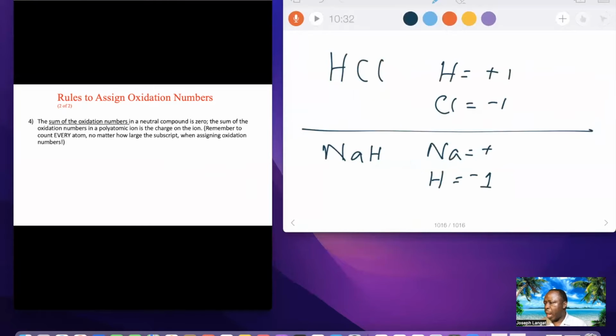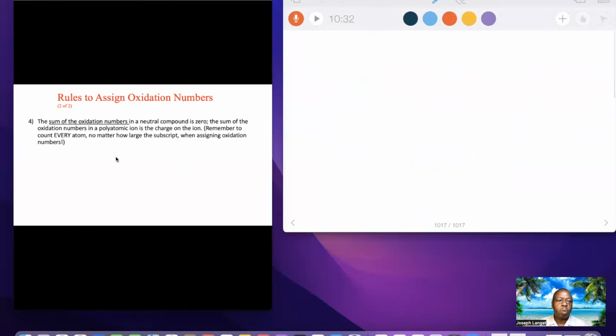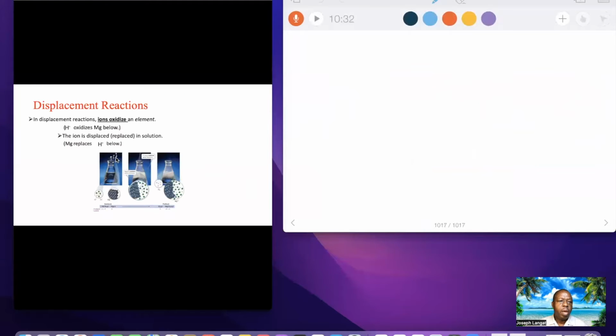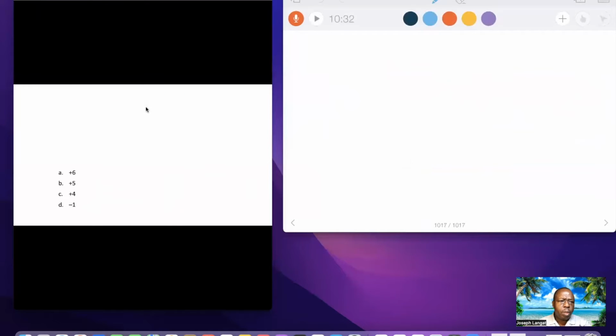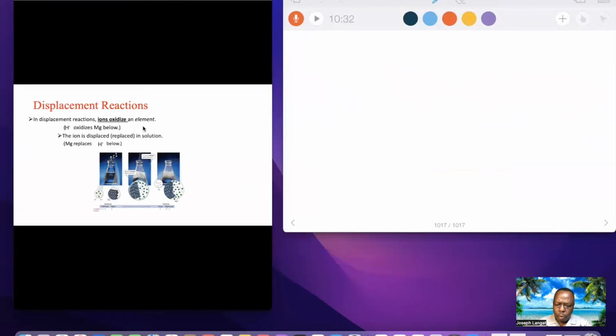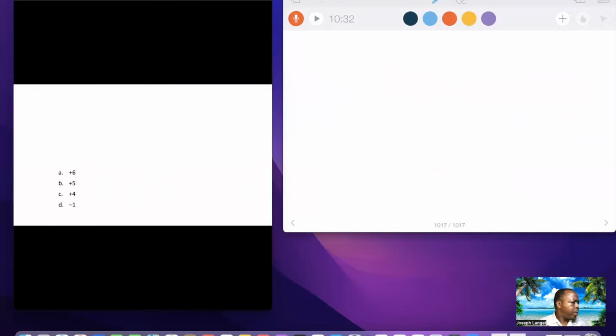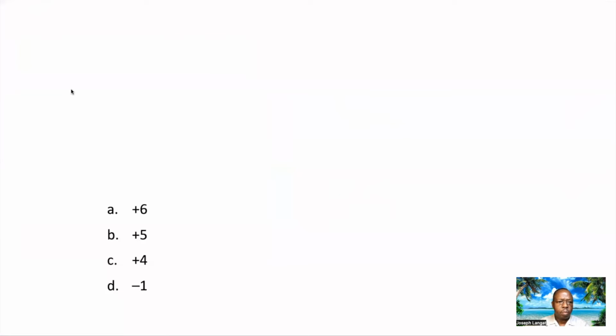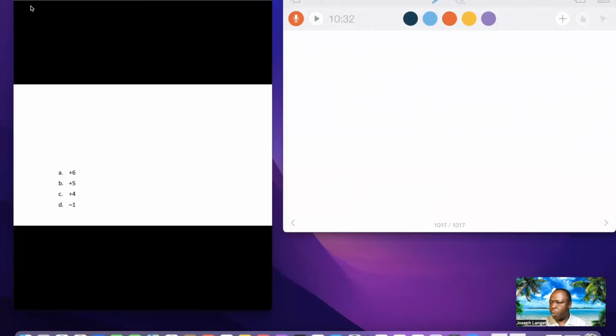With practice, this will help you out in determining the oxidation state. Let's see, there was supposed to be a question here. I want to make sure that we are on the right track. What is the oxidation state? For this question, something is amiss here. Seems that we missed the question, but nevertheless, I will write the question on my whiteboard.